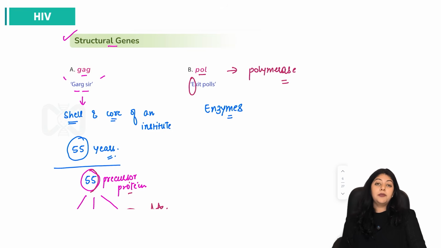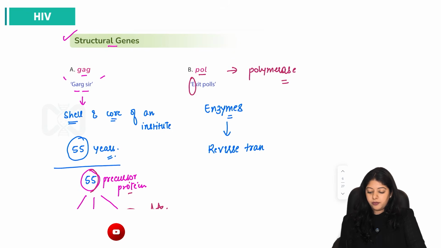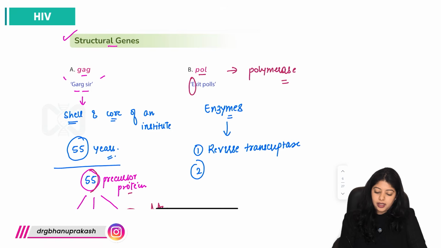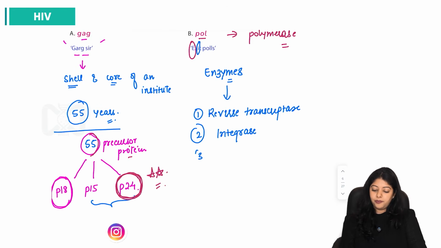And what enzymes were we talking about initially while describing the structure? These are the reverse transcriptase, the second was I, that is integrase, and the third one was protease.